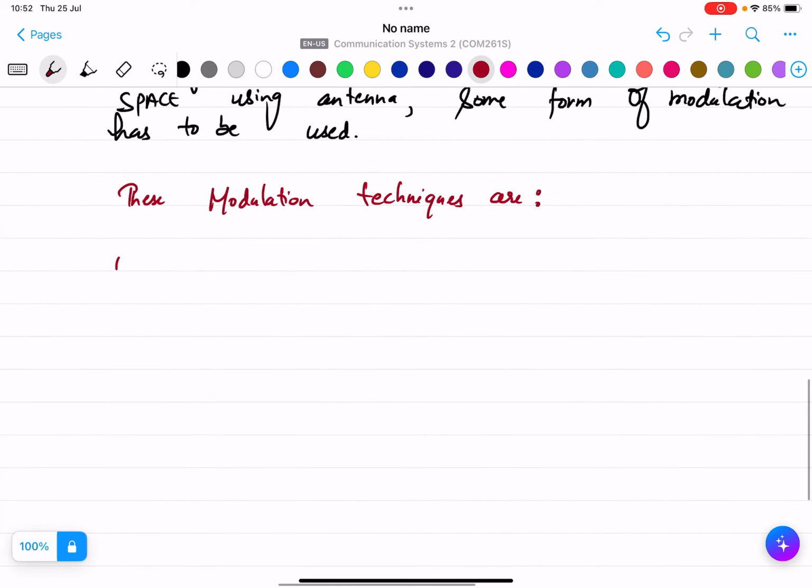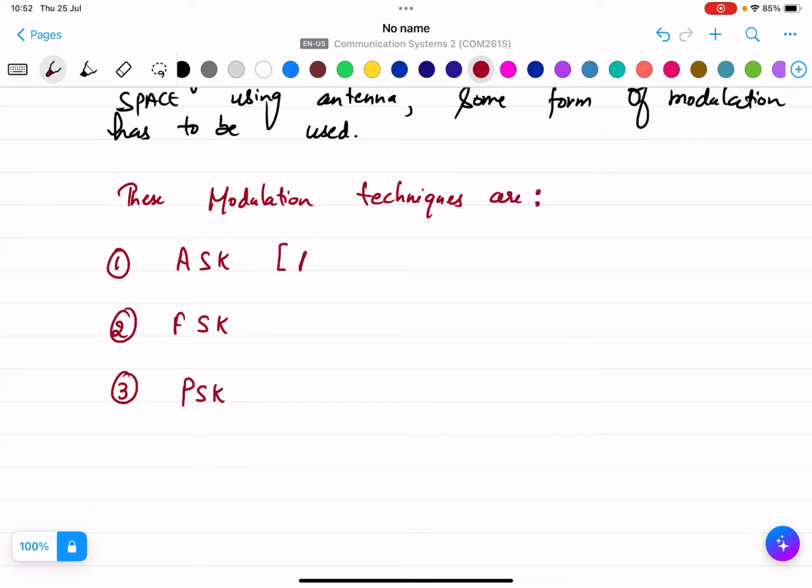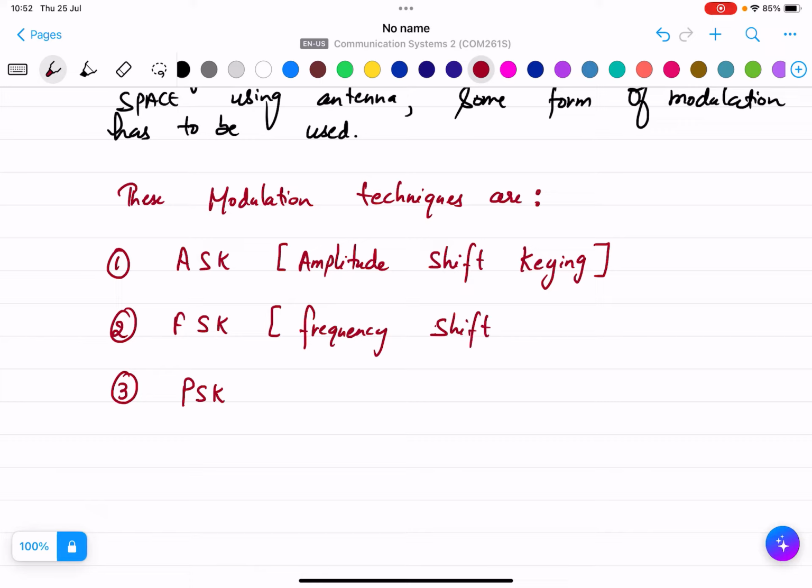The first one is ASK, the second one is FSK, and the third one is PSK. ASK is amplitude shift keying. Next is frequency shift keying.